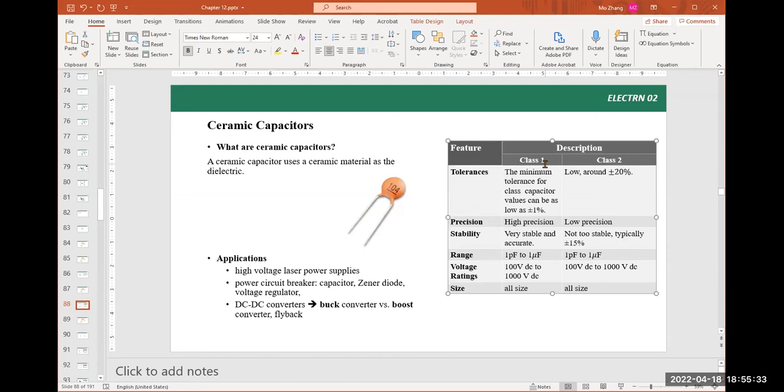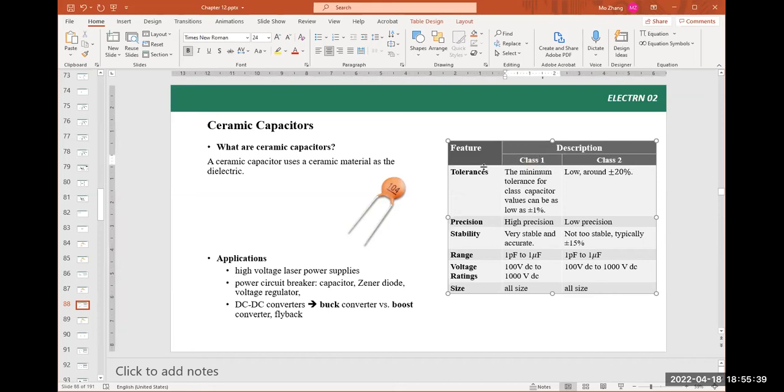Class 1 is still pretty good. Class 2 is not that good in terms of quality. So class 1 is more expensive, and the quality is good. The tolerance can be as low as plus and minus 1%, which means high precision, very stable.